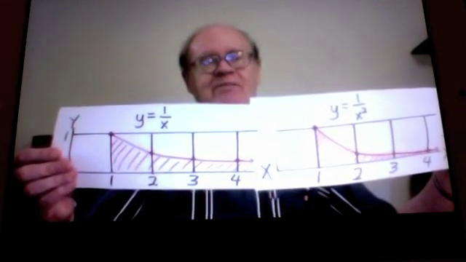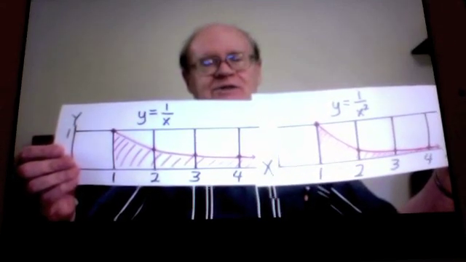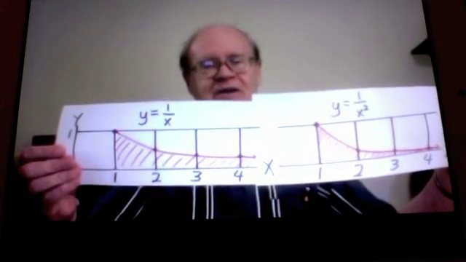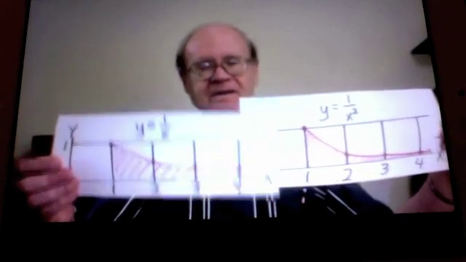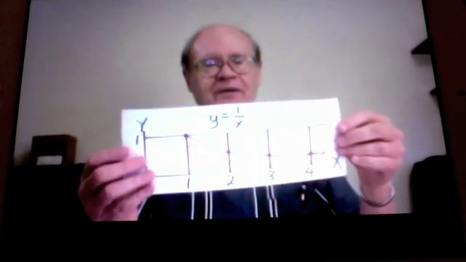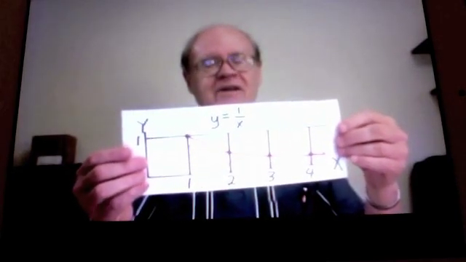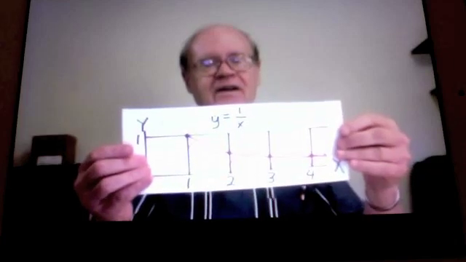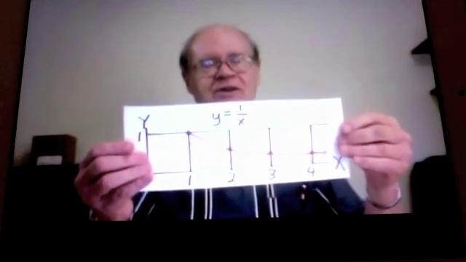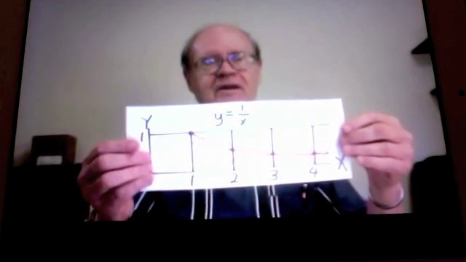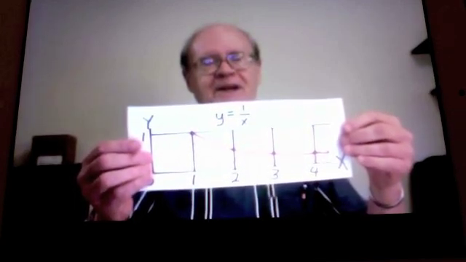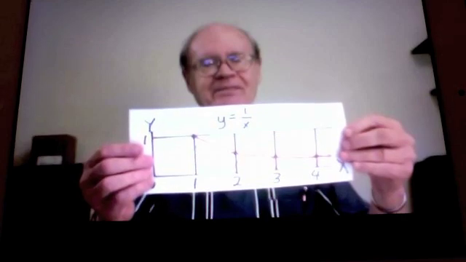But now I'm going to make two statements, one about each curve, that are very different from each other. This curve with graph y equals 1 over x, this area is sufficiently large to cover the surface of the Earth 1 billion times.